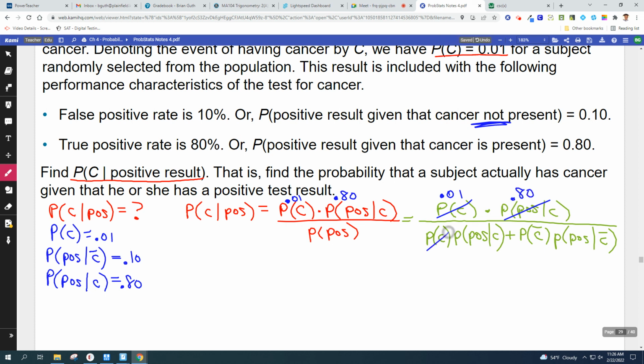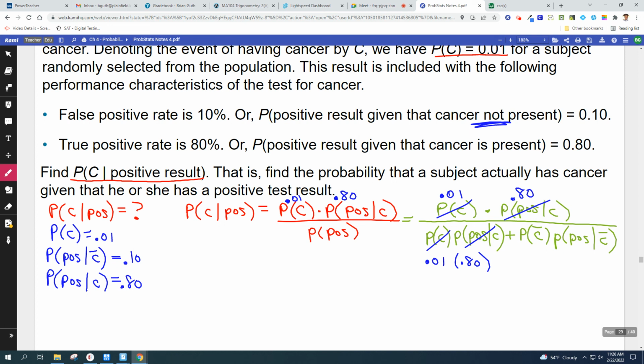Probability of cancer was 0.01. Probability of positive given cancer was 0.8. Notice that's exactly the same thing, and that should make sense because either you do or you don't. Either you have it or you don't, and we're finding the part where we do, okay?